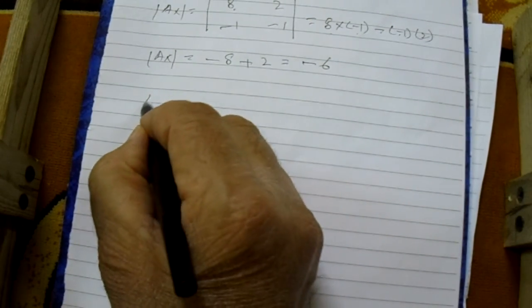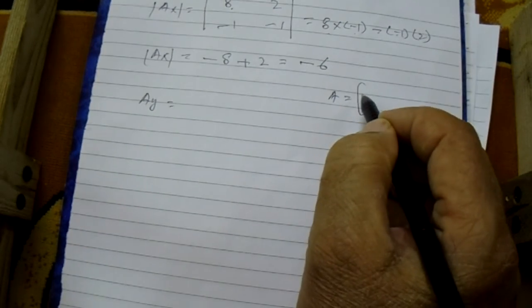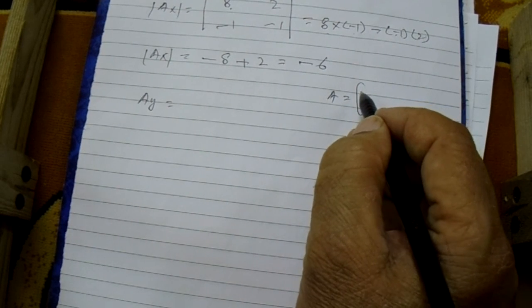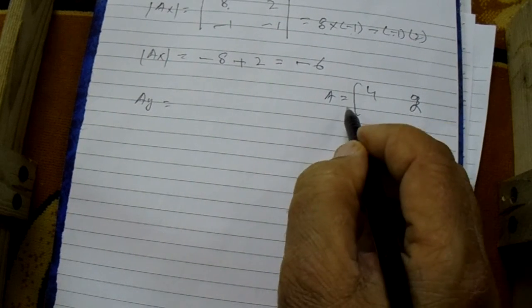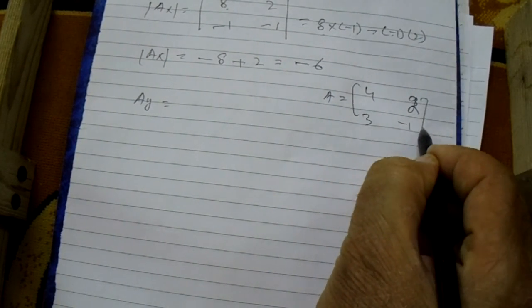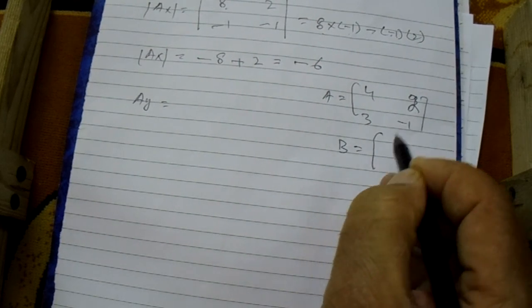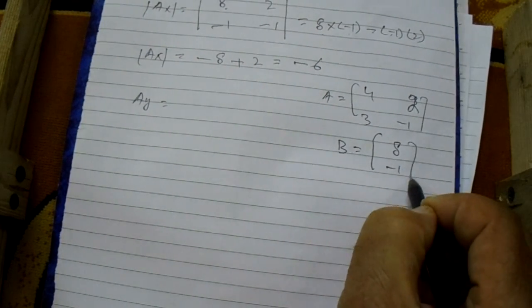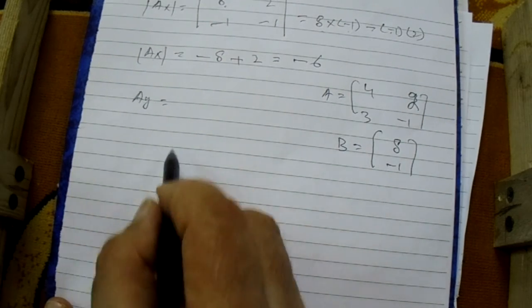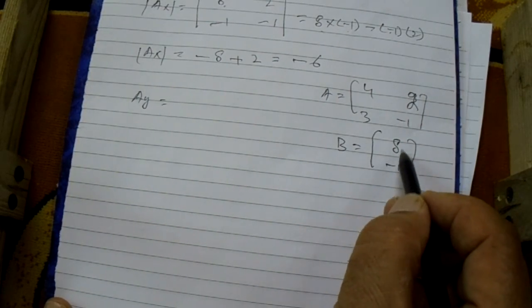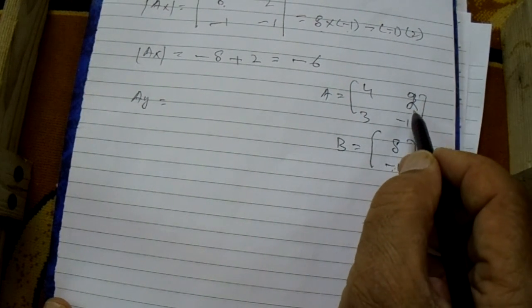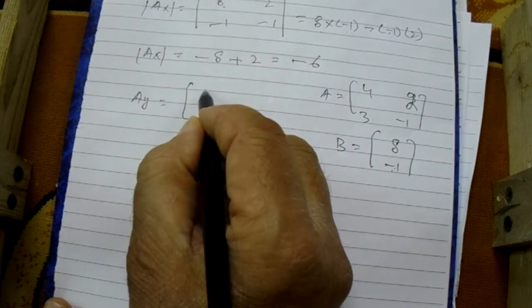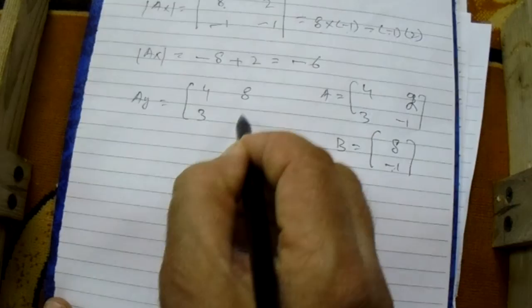And now we find Ay. Now we have the A matrix, which is 4, 3, 2, minus 1 here, and B is equal to 8, minus 1 here. We find the Ay matrix. It means we write these values, 8, minus 1, and replace this column. We remove this column and write this column. Again 4, 3, and 8, minus 1.